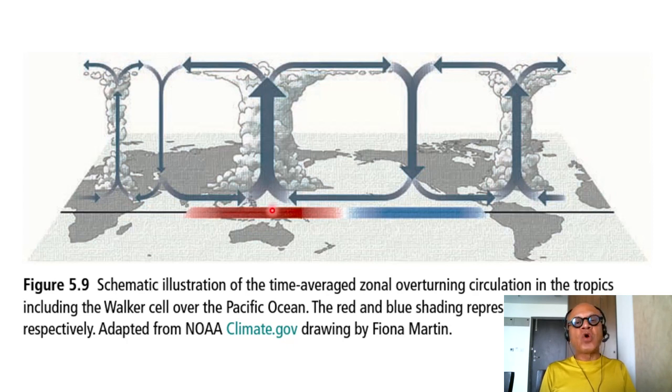And obviously warm sea surface temperatures drive a strong response in the atmosphere when the sea surface temperatures are above the convective threshold that we had marked with the 27 degrees C isotherm, and we had also looked at the 5 millimeter per day precipitation contours.